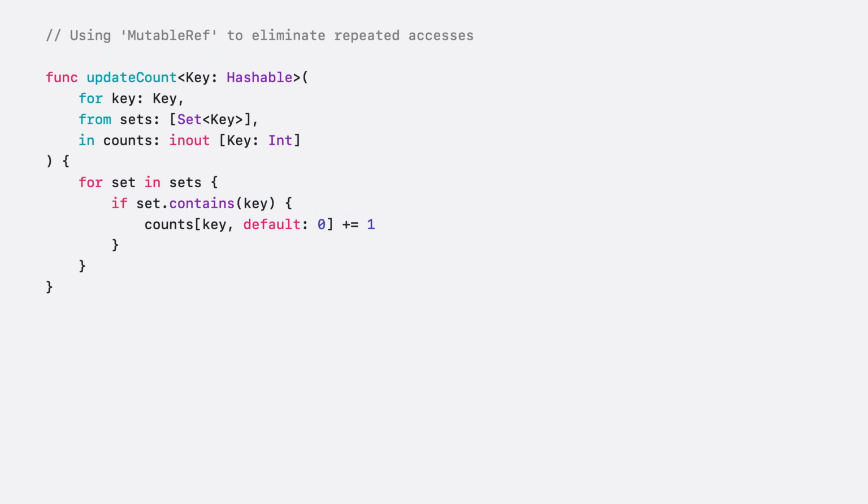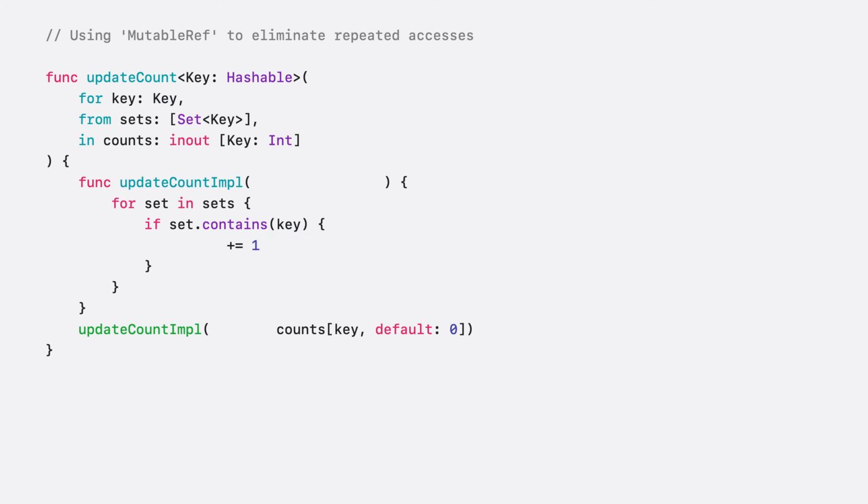For example, consider this update count function. It looks up a dictionary key every time it needs to increment it, even though the key is always the same. You usually want to hoist repeated work like that out of the loop, so you only have to do it once. But until now, the only way to do a dictionary lookup and just sort of hold it open for a while was by moving the loop into a function and passing the lookup as an in-out parameter.